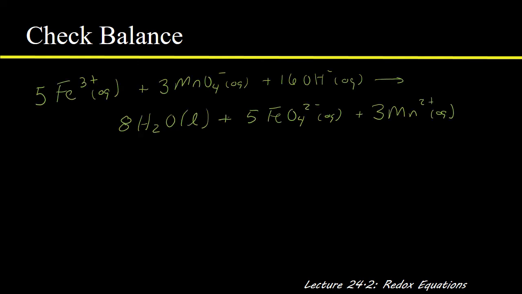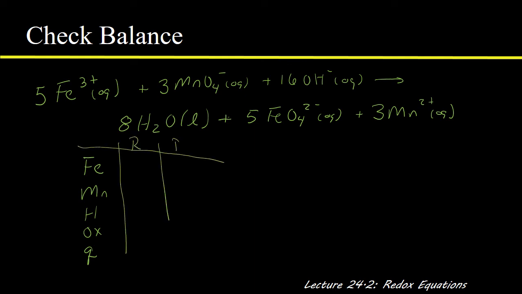Here's what we had after we added hydroxides to both sides. You'll want to check the balance with regard to iron, manganese, hydrogen, oxygen, and charge, reactants, products. I tell you what, why don't you go ahead and pause. I'm going to check it here. You check it on your own and then unpause and see if we got the same numbers.